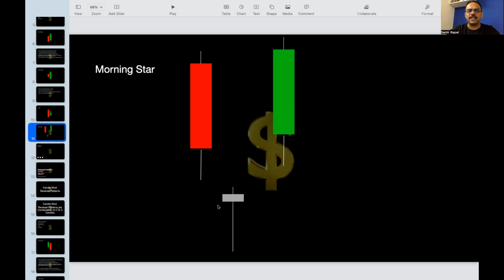One of the three. One of the three is good enough. But it should be in an uptrend.